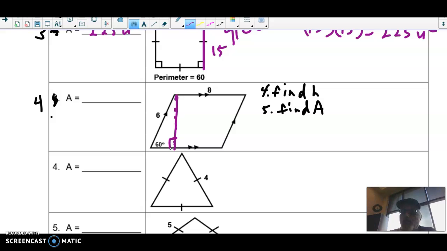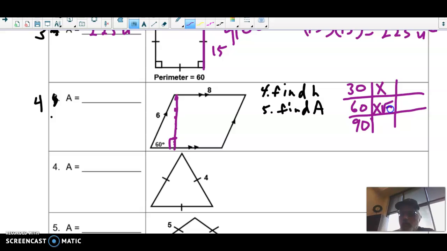If you remember our 30, 60, 90, we have to do this guy right here. And my 2x, or my 90 degrees, because it's right straight across from that, is 6. So I put my 6 right there.